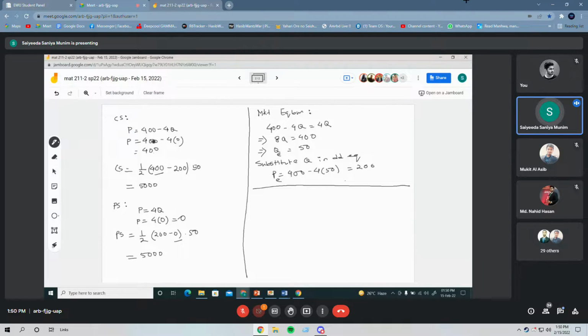Now the formula requires the price at which quantity demand is 0. So in the demand equation, we put Q equals 0 to find that price. Substitute in the formula half into 400 minus the equilibrium price into the equilibrium quantity.